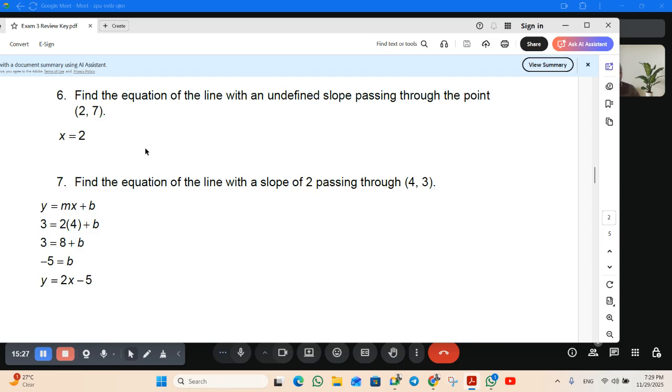Now, if a line doesn't have a slope, then that line can either be horizontal or vertical. That means that the line will either pass through the coordinate x equals 2, or it can pass through the point y equals 7.